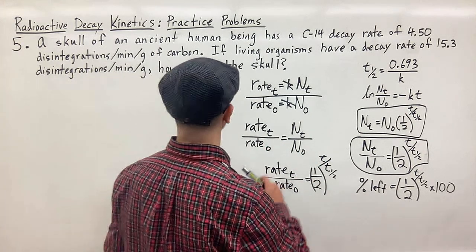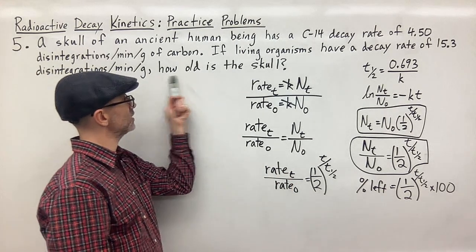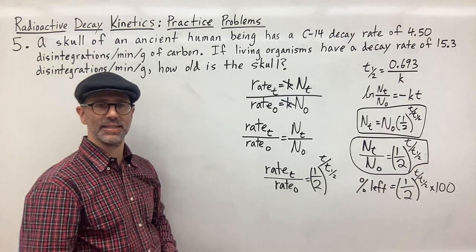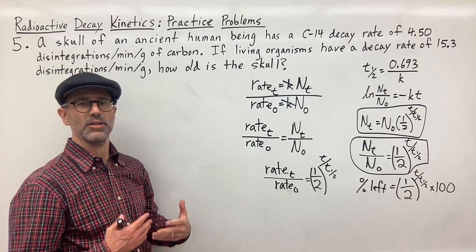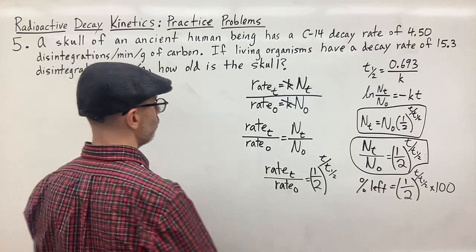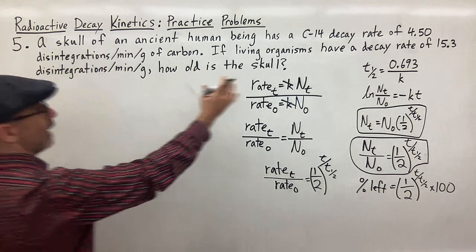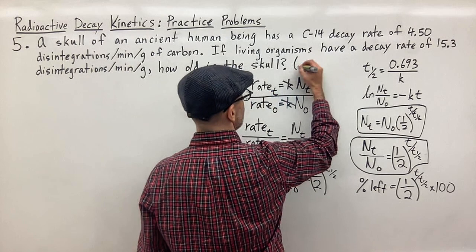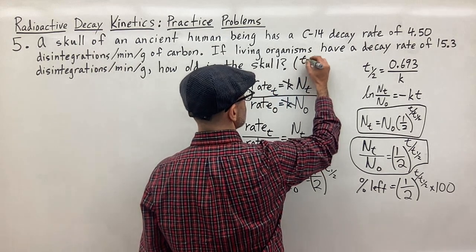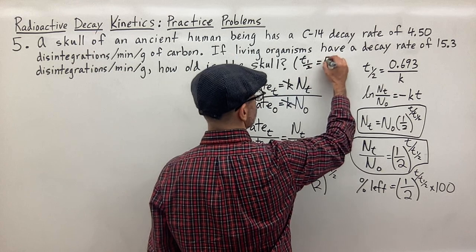So what is the missing part? They want us to get how old the skull is. That is the time that has elapsed since the human being died. So that's t. We are given the half-life, of course, of carbon-14, that should be given.